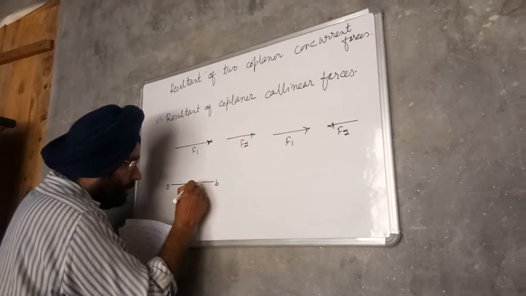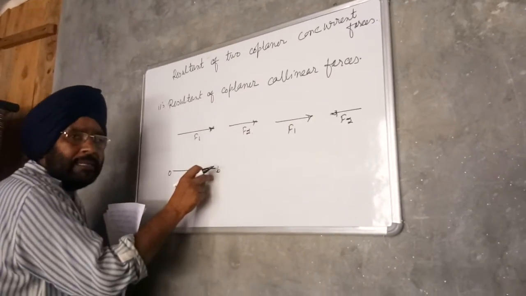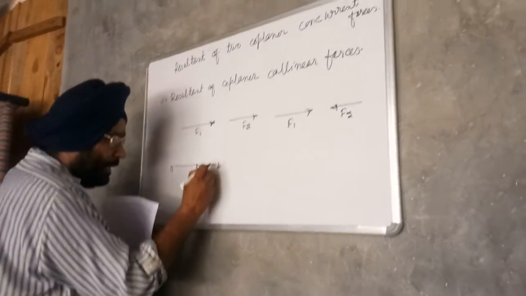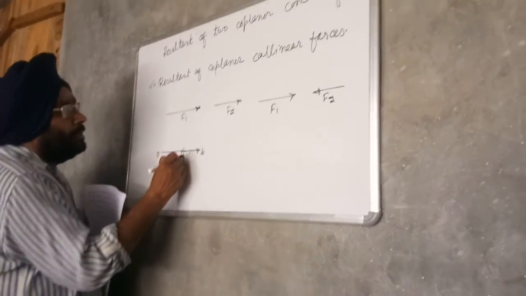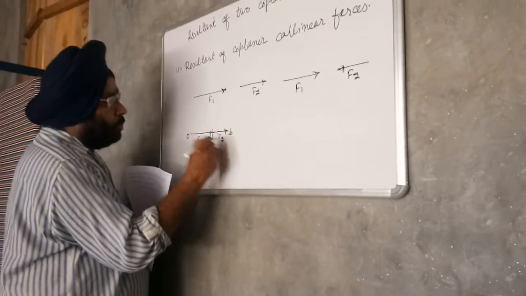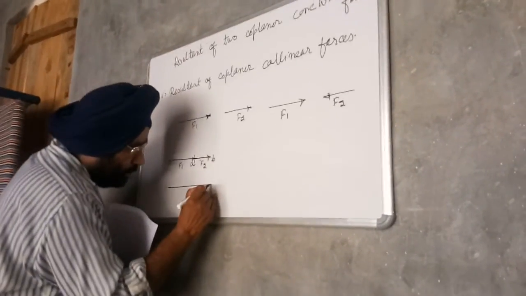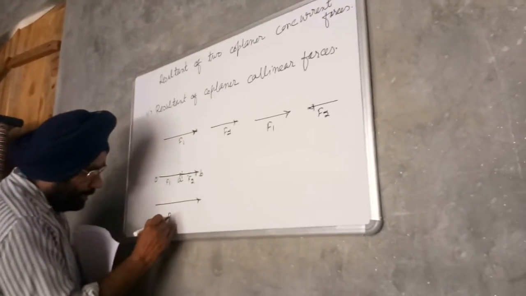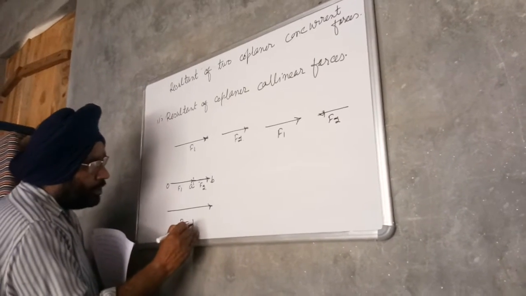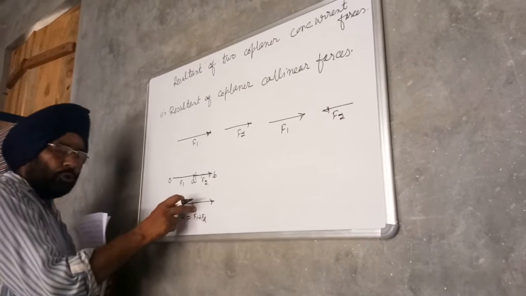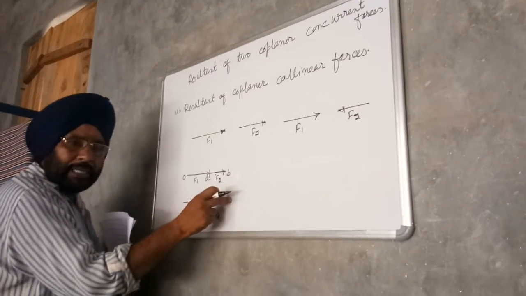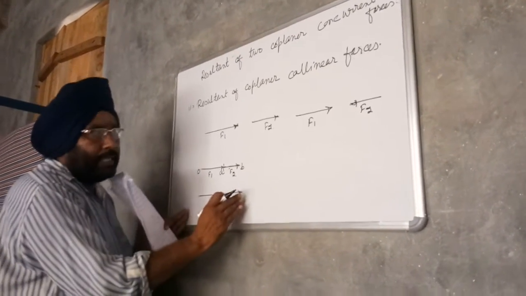The length of the line gives the magnitude of the force and the arrowhead gives the direction. So this is force F1 and this is force F2. Then this is the resultant force. Resultant R is equal to F1 plus F2, and the length of the line gives the magnitude of the resultant force and the arrowhead gives its direction.